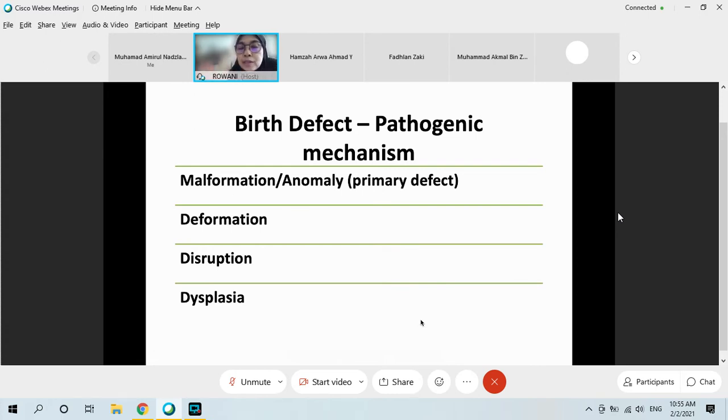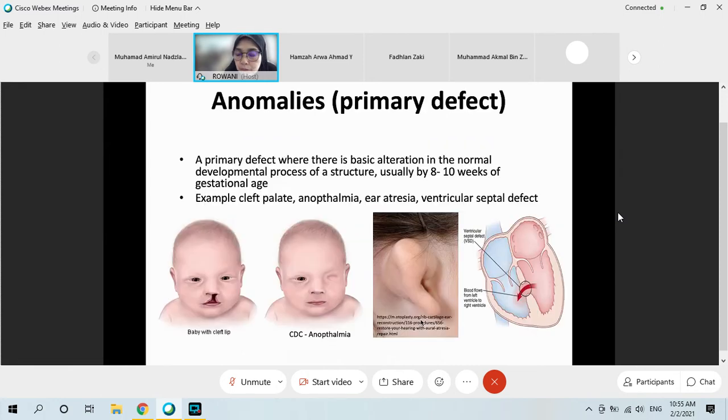We can divide that into four pathogenic mechanisms: malformation, deformation, disruption, and dysplasia. What is malformation? Also known as anomalies or primary defects. It is a primary defect where there is a basic alteration in the normal developmental process of a structure of the fetus, usually occurring by 8 to 10 weeks of gestational age.